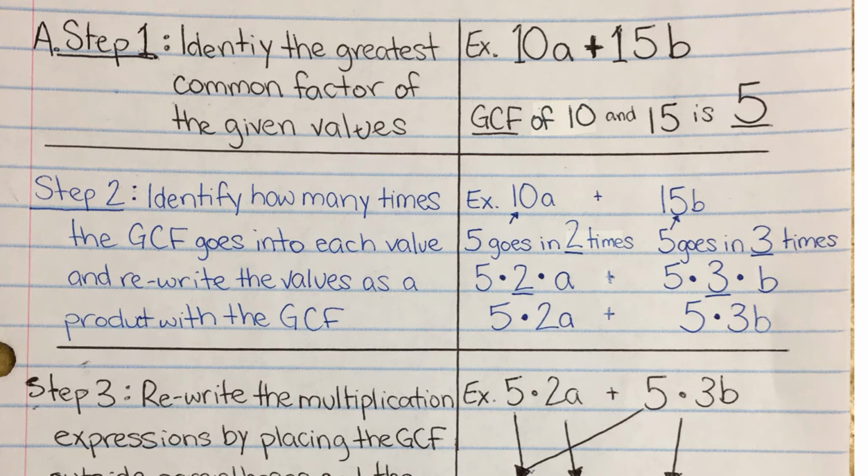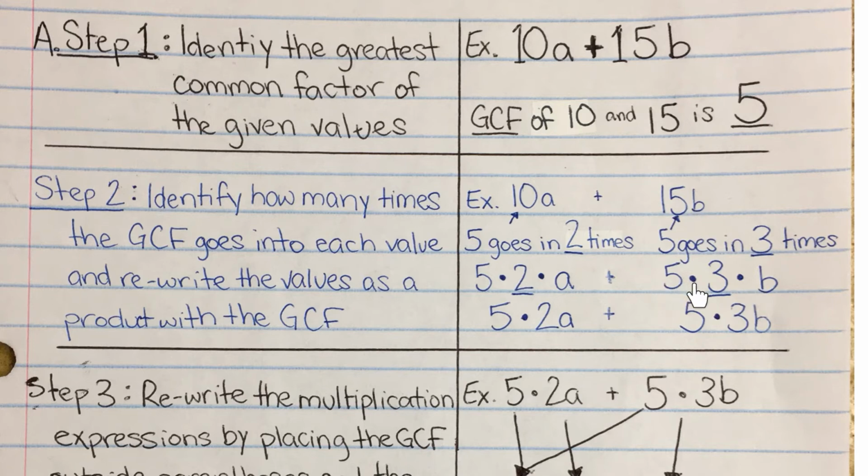And over here with the 15, it's the same thing. 5 goes into 15 3 times. So we take those two values, 5 and 3, and write them as a multiplication problem. 5 times 3, and because we have the b hanging out, we know that we're multiplying times b.